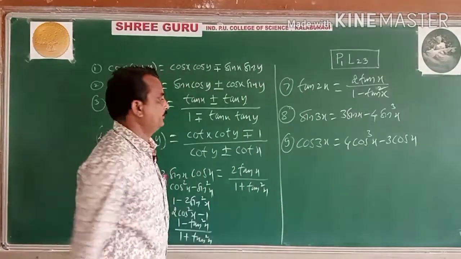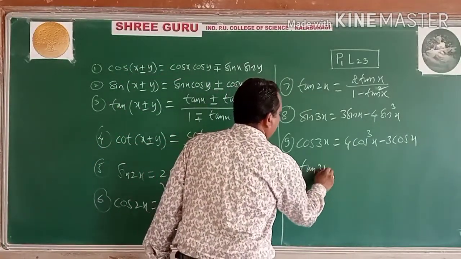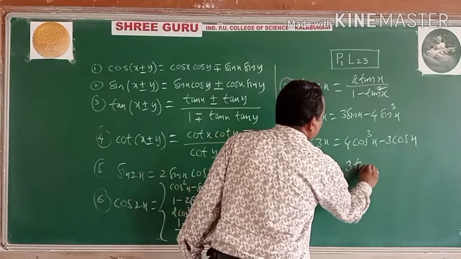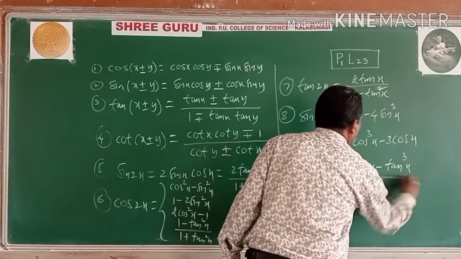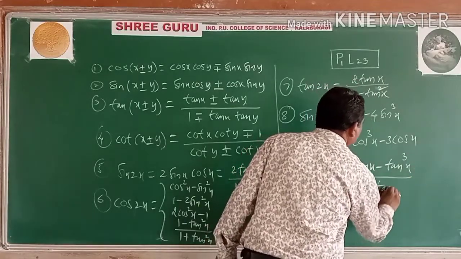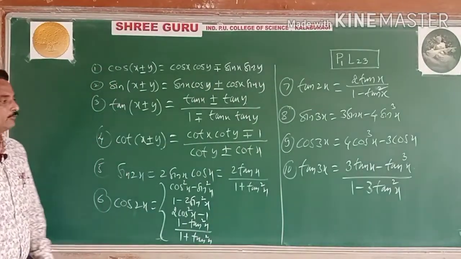And tan 3x is 3 tan x minus tan cube x divided by 1 minus 3 tan square of x.